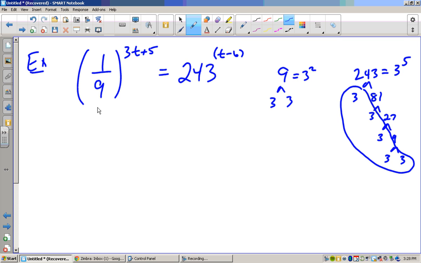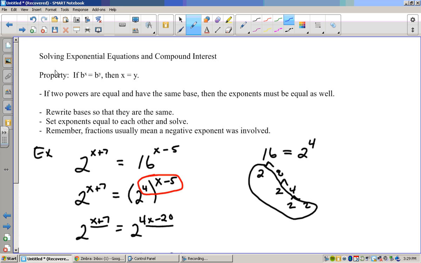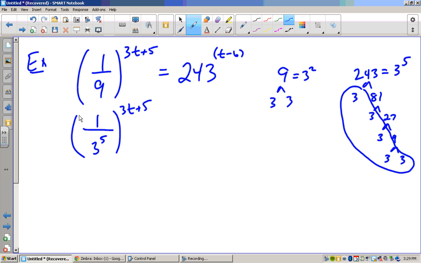Okay, so I can start rewriting stuff. 1 over 9 is 1 over 3 to the 5th power. And that's all to the 3t plus 5. Well, remember, when you have a fraction, 1 over a number means the power was originally negative.